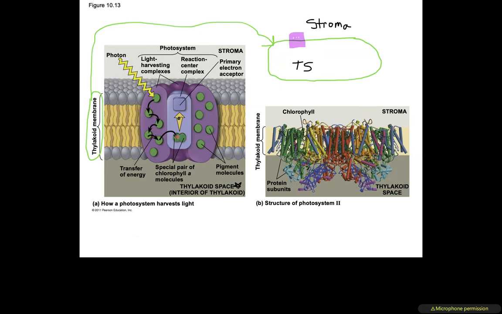It's good. So these are going to have electrons already in them, okay, just sitting around waiting. And then this is going to have electrons in them also. The photons are going to come from the sun. What they're going to do is they're going to excite the electron in this chlorophyll molecule, in this chlorophyll pigment.